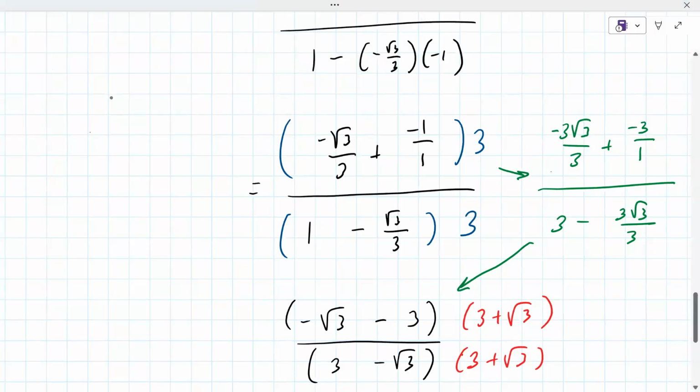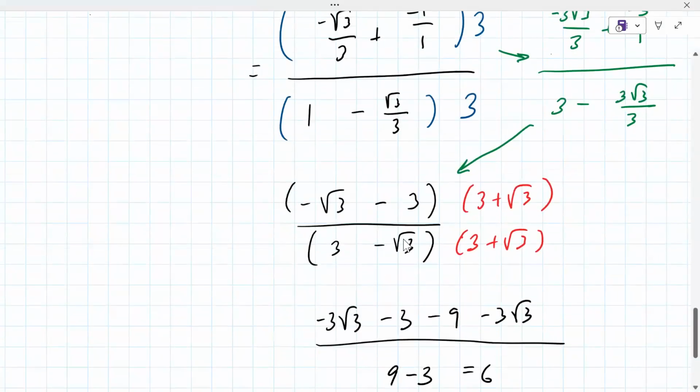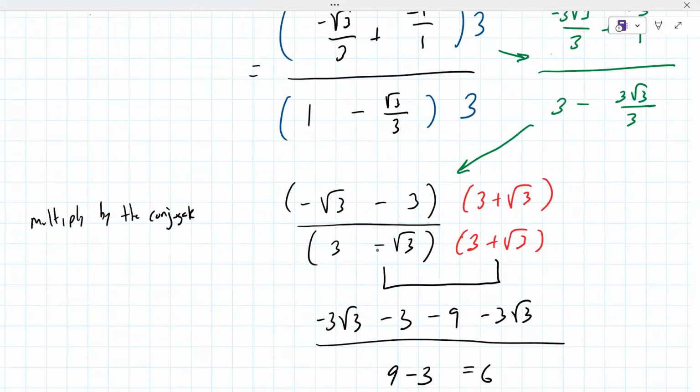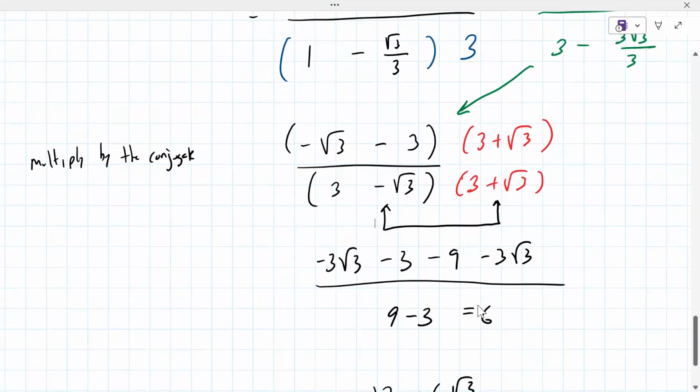Okay, and then from here you multiplied by the conjugate, which is just a change in the middle operator right here. That's the conjugate. It always rationalizes the bottom, which is why it becomes 6.